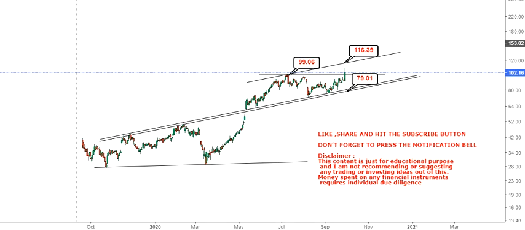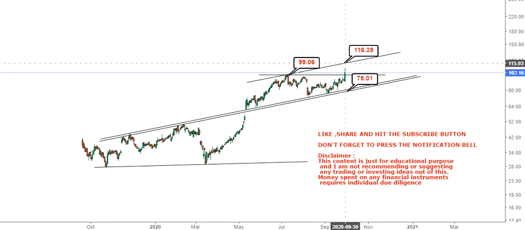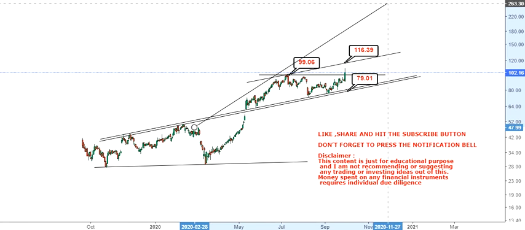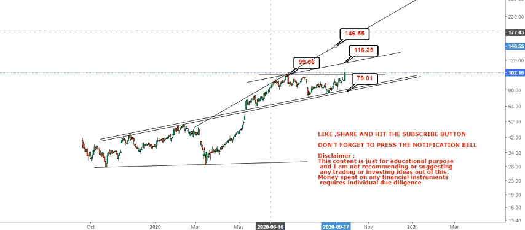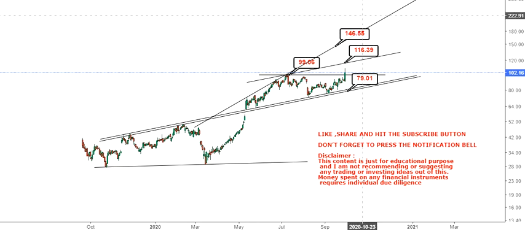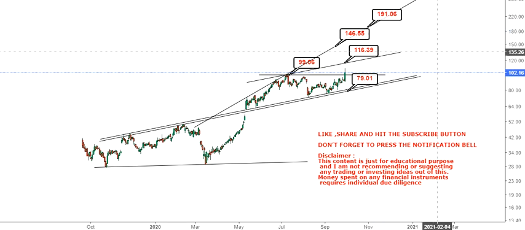Now this is the first thing. If the stock sustains and makes a breakout above 116, 117, then what are we looking at here? In that case we are staring at a target which will be in between $146 and $191 on the upside.